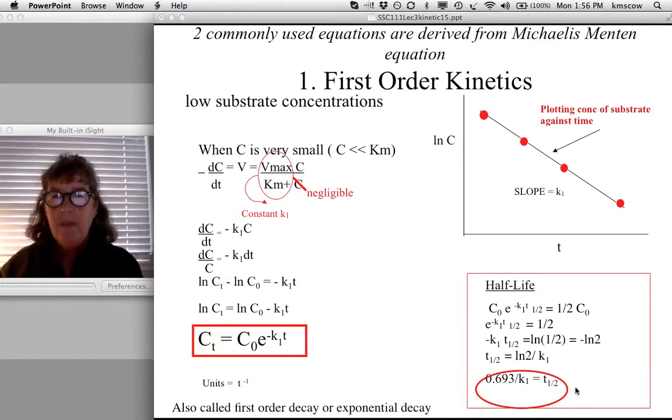So it's pretty simple to be able to calculate the half-life if you know the rate constant for the first order kinetics, and vice versa. If you know the half-life, you can determine what the first order rate constant is. Okay, so people use first order kinetics a lot to describe things that microbes do.